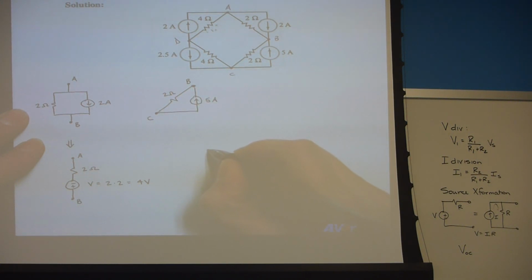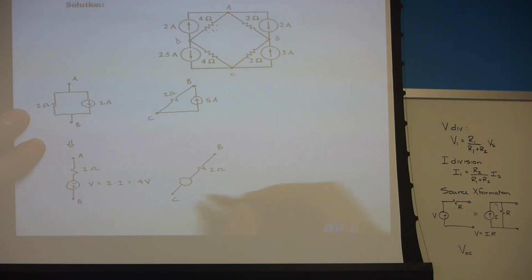So I could draw it in that same diagonal fashion, with C and B in the same place. And I'm going to have a source and a resistor. The resistor stays 2 ohms. The current is going from C to B, so that means the polarity of my source is in the same direction. It increases from C to B. And so that's going to be 2 times 5, 10 volts.